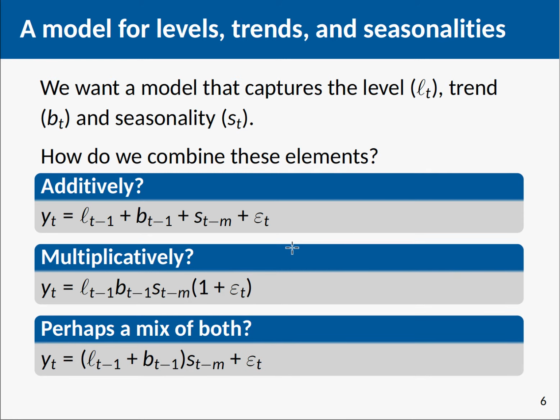Or it could be a mix of both. So you could have a time series that displays some sort of an additive level and trend, and then this is multiplied by the seasonal component, and again adding here something that we can't explain. So this is again ad hoc, but you can think about some sort of a mixture of both of these methods.